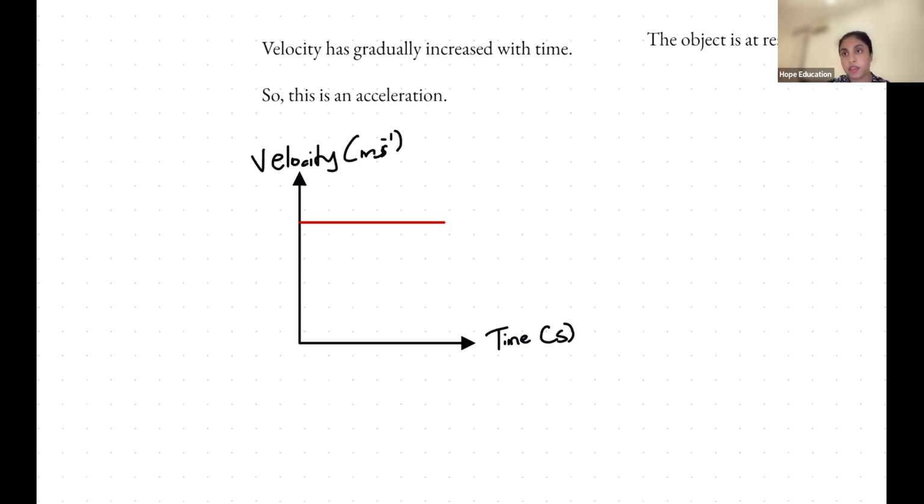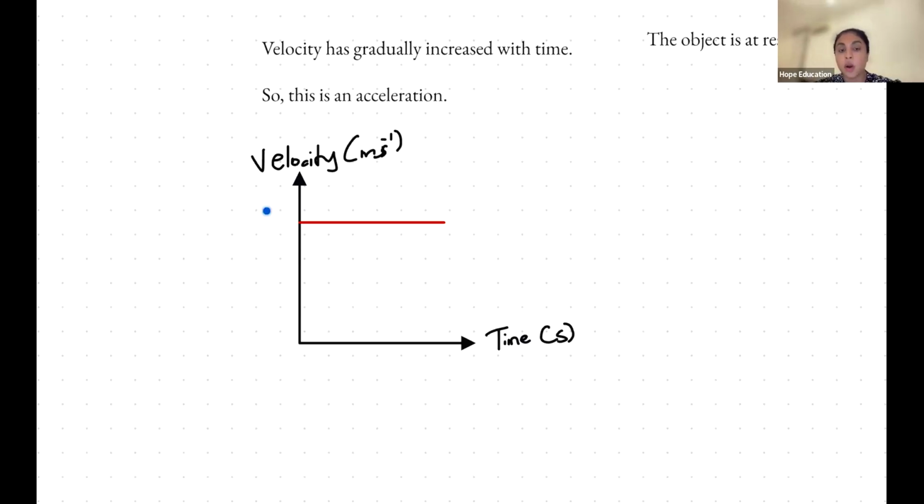We can draw the graph for that. But imagine if the speed is 80, then 81, 82, 83, 85, 90, 100, 110, increasing like that, then that is acceleration. Then let's say from 100 to 90, 80, 70, 60, the velocity decreases, then that is deceleration. But if it keeps going at the same velocity, that means it's a constant velocity. It's a uniform velocity.